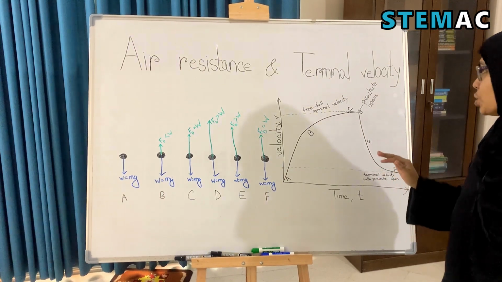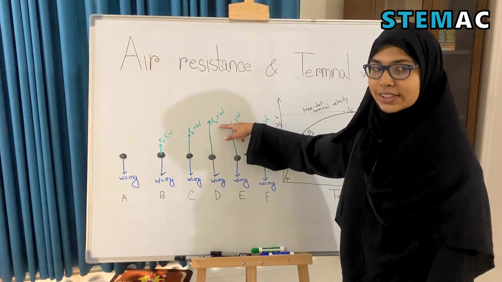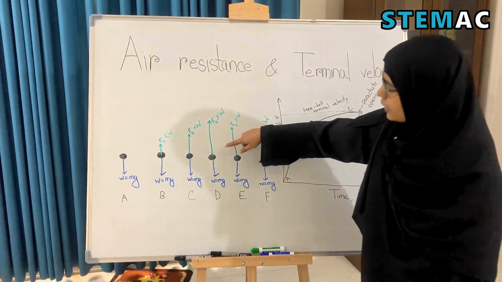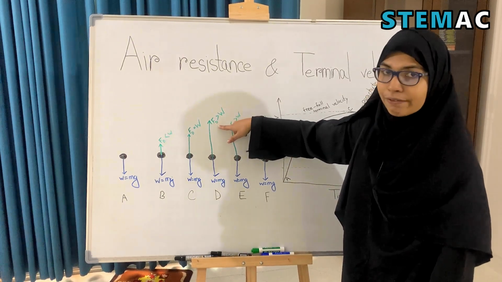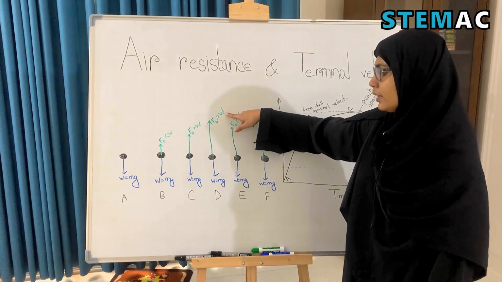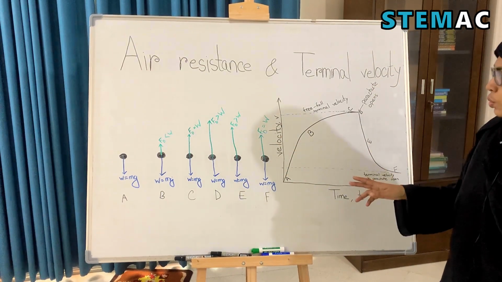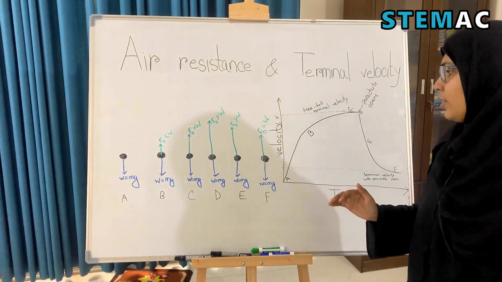As the parachute opens, a large drag force is acting on the person. That means now the drag force is much greater than the weight force. That is why the person is now decelerating.